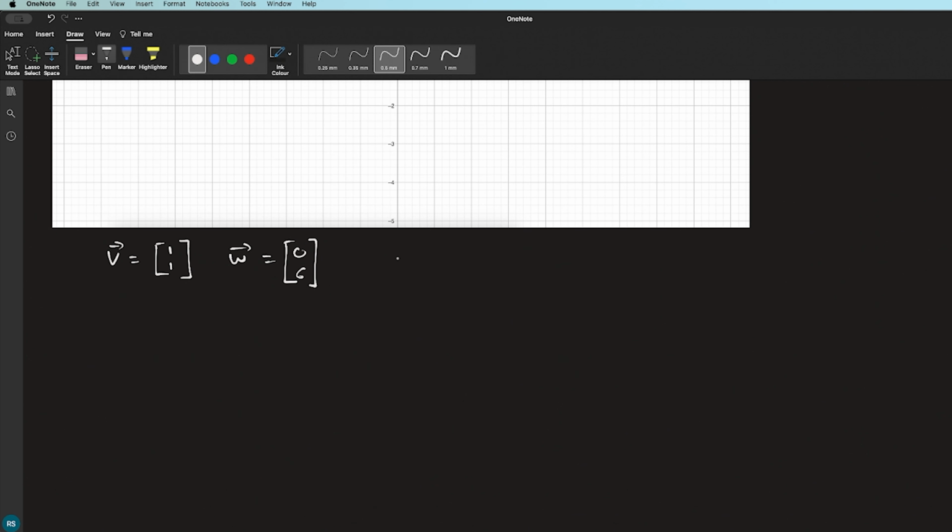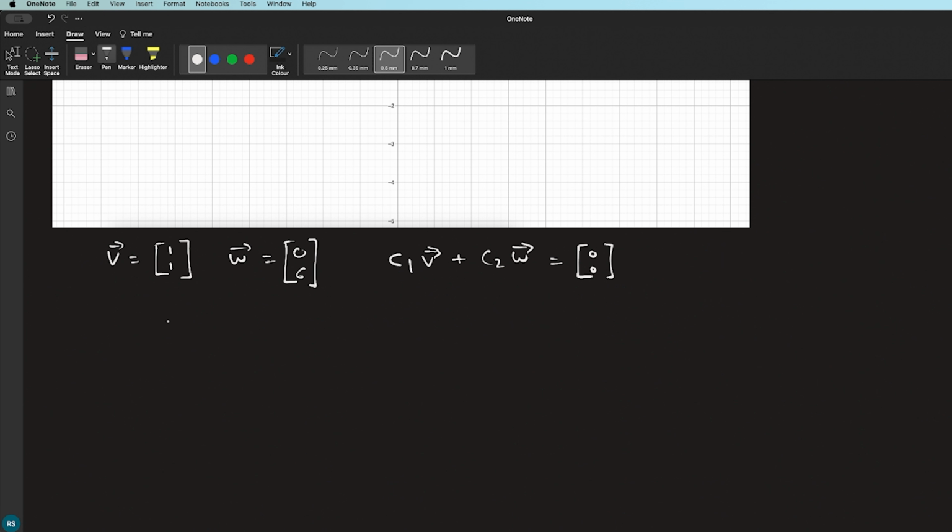Now if these two vectors satisfy this condition, that is c1 v plus c2 w equals (0, 0), this means if LHS equals RHS, then we can say that these two vectors v and w are linearly independent vectors.